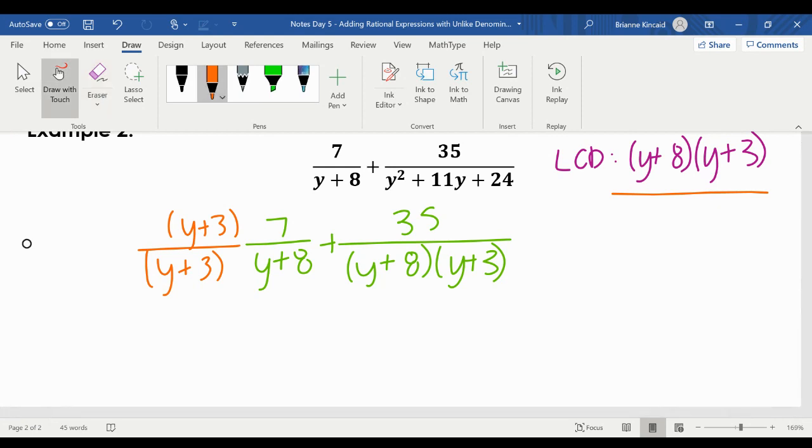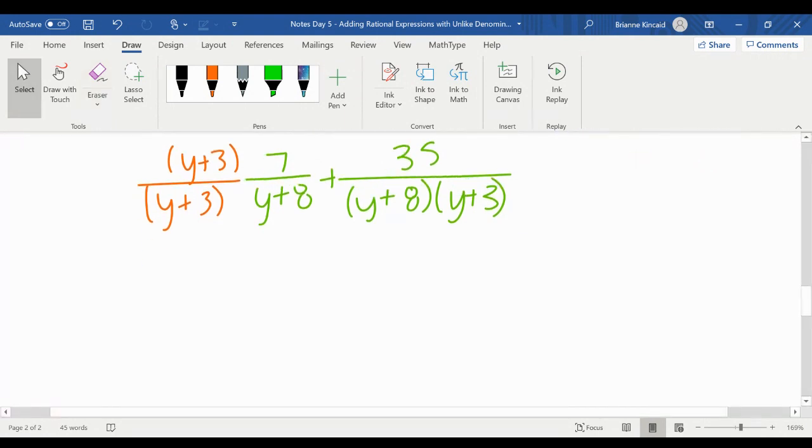Now, if I were to take the fraction on the right, y plus 8 over y plus 3, everything's going to eliminate, which means you don't have to multiply the second fraction by anything. Technically, you could multiply it by 1, but it would be unnecessary work.